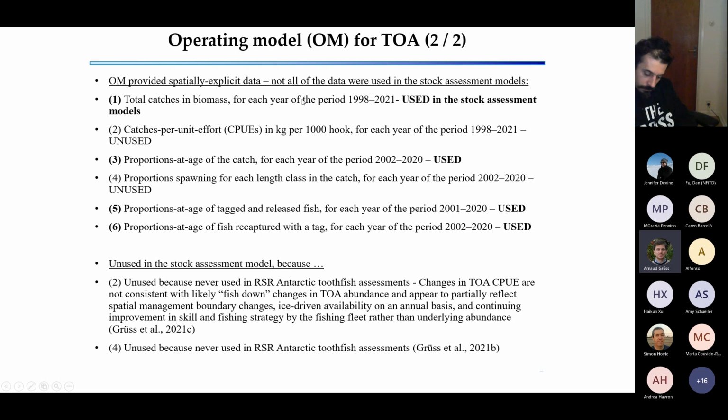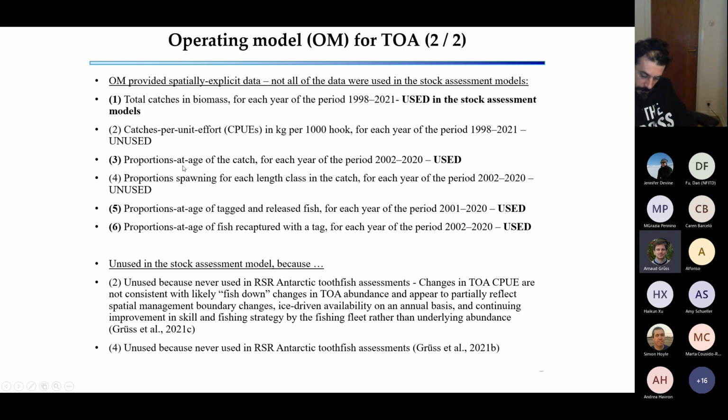For the different objectives of the workshop, we use just some of the data provided by the operating model, which include the total catches in biomass for each year of the period 1998 to 2021.